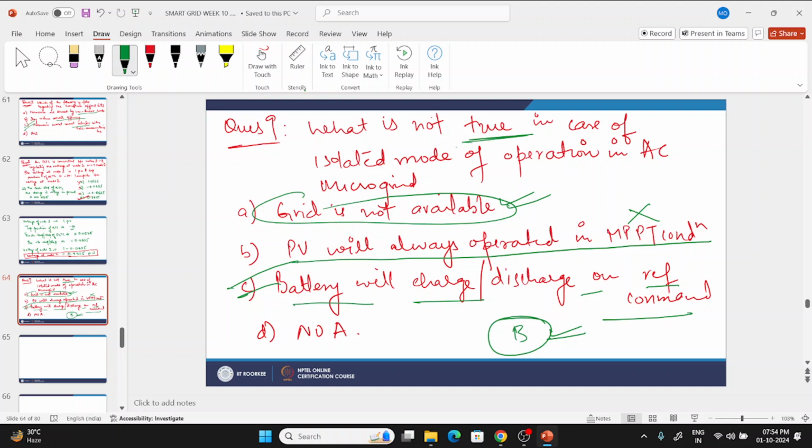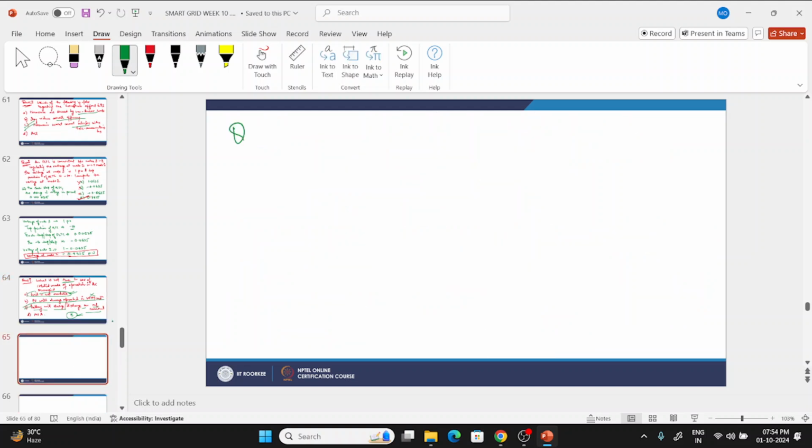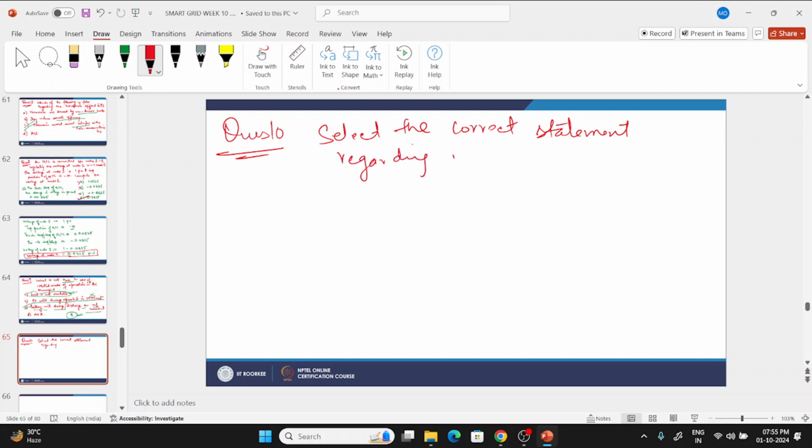I think, okay. Okay, one more question. Question number 10. Select the correct statement regarding multi-parallel inverters.